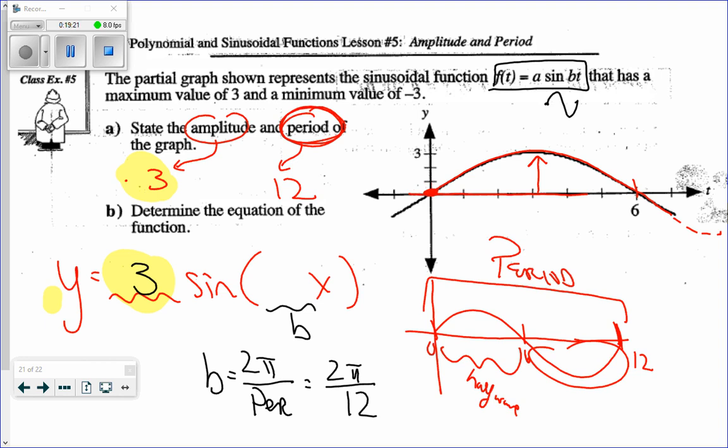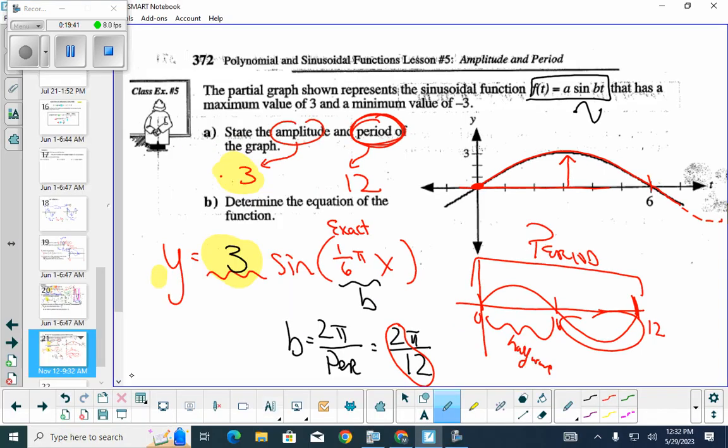It's 12. So if on your calculator you punch this in, 2 over 12 reduces down to 1 over 6, and then you would punch the pi back in. This is what we call the exact value. What the diploma may want is the approximate value.